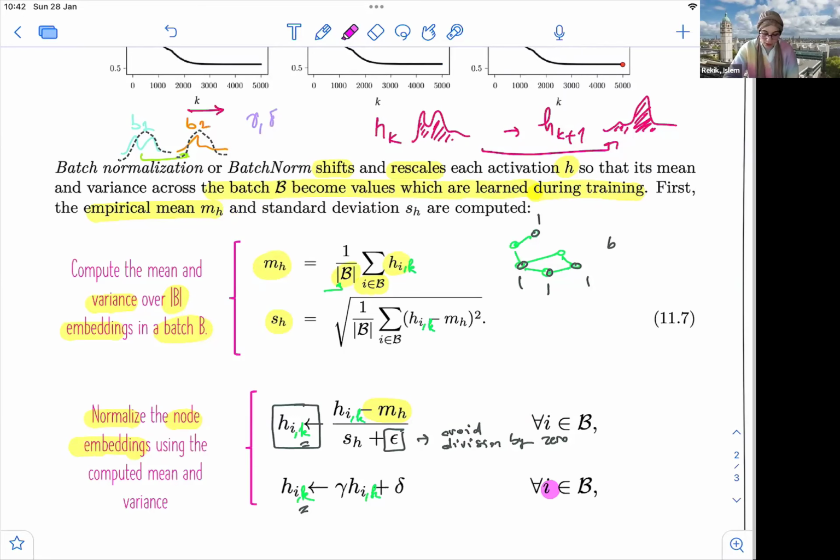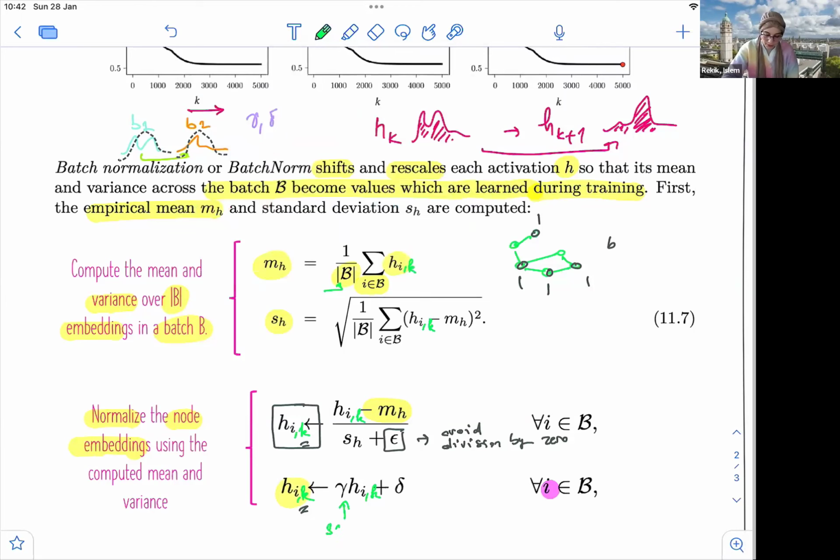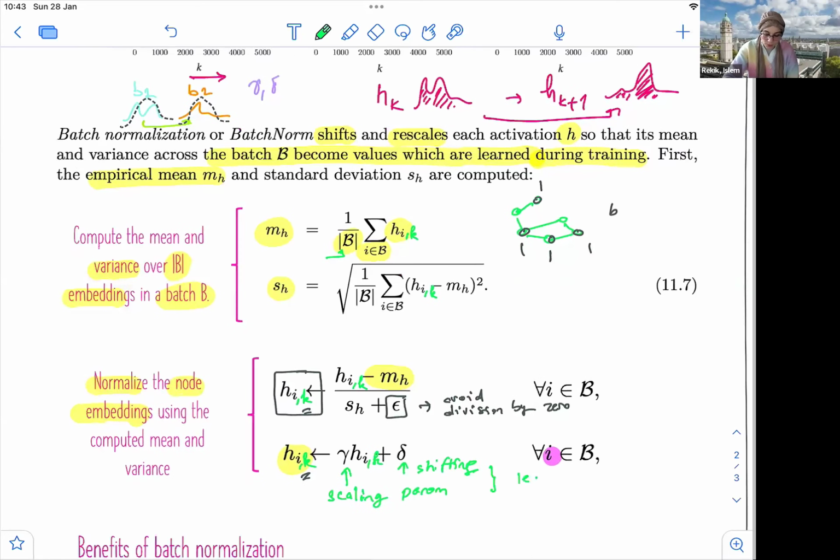Okay, so now for each node I in the batch, we will update its embedding by doing this operation. This operation takes in two parameters: a scaling parameter, gamma, which is learnable per layer, and a shifting parameter. Both of these are learnable, so we can optimize them.